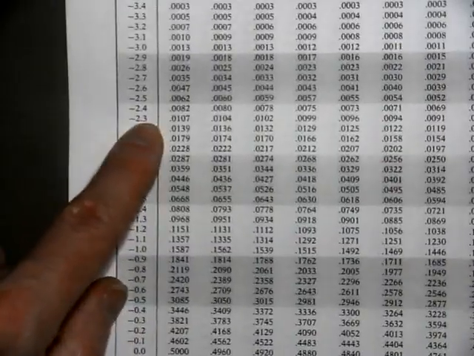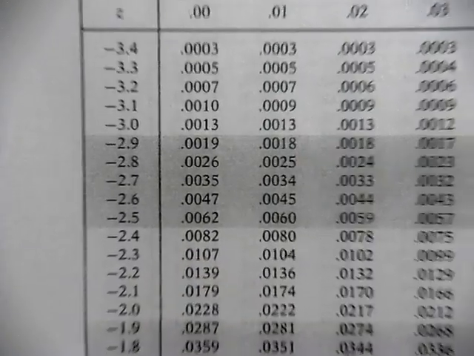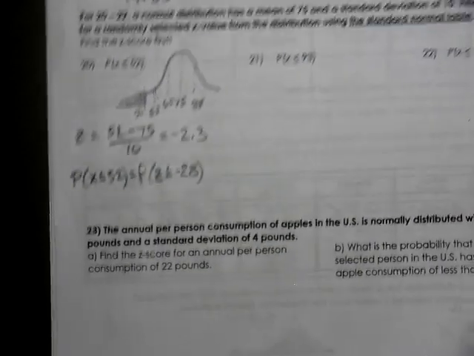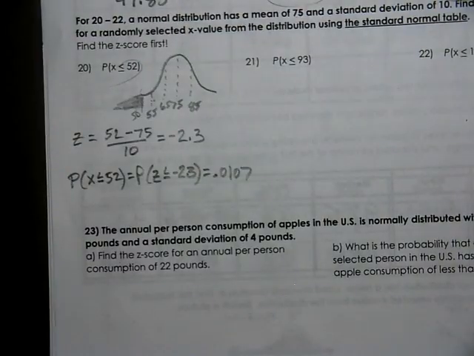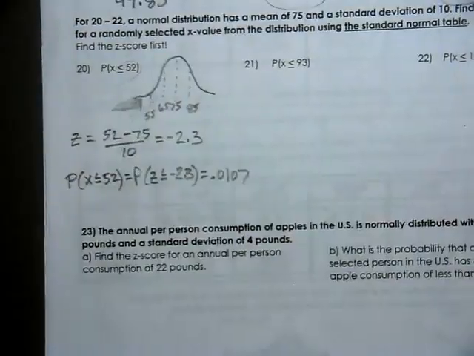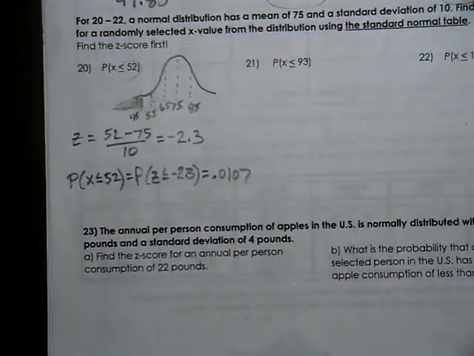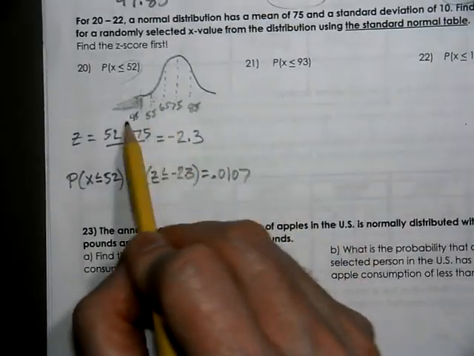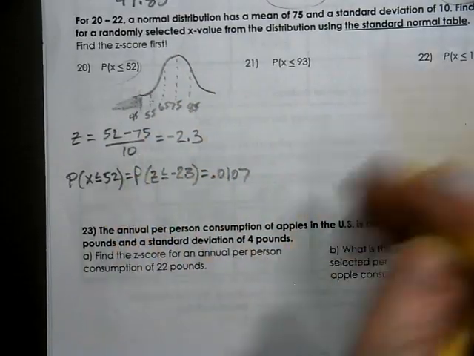You can read that or not. We got 0.0107. Alright, this would actually be 45 here, not 50. Not that it changed a thing, but you may have noticed that when I did my little numbers, going down by tens, that should have been 45.